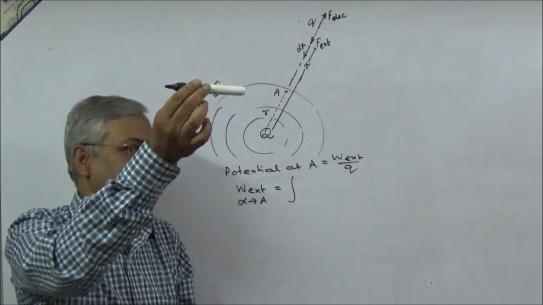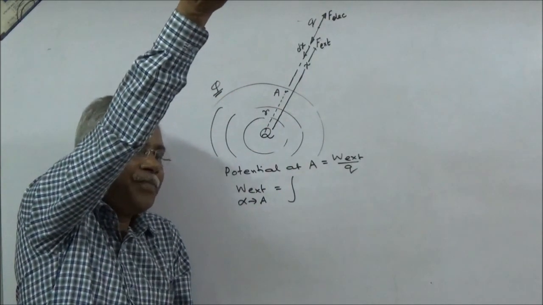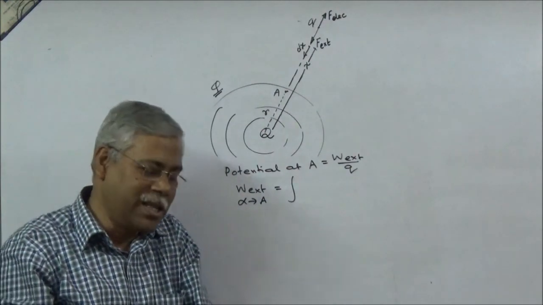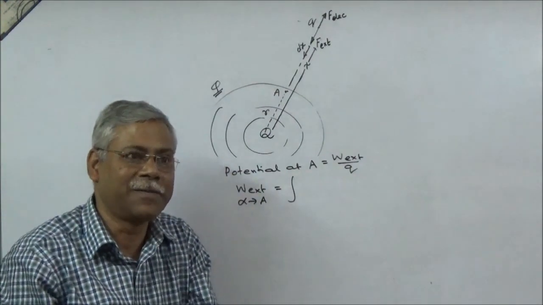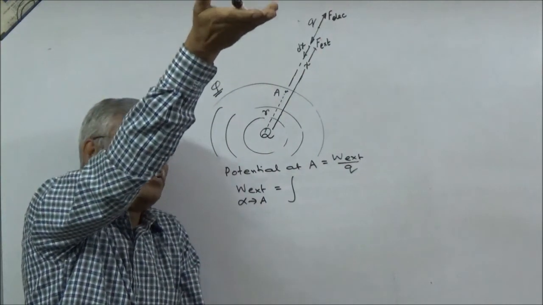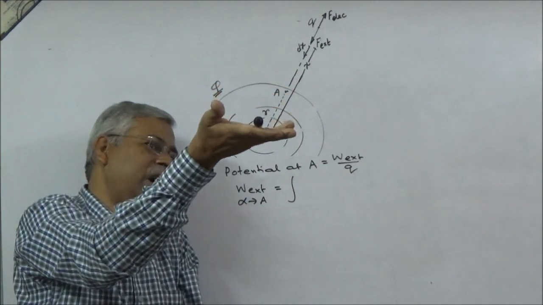So suppose this is unit mass. You are bringing it from infinity to the given point. There is already a gravitational field, produced by Earth. I am bringing it slowly. In which direction have I exerted force?